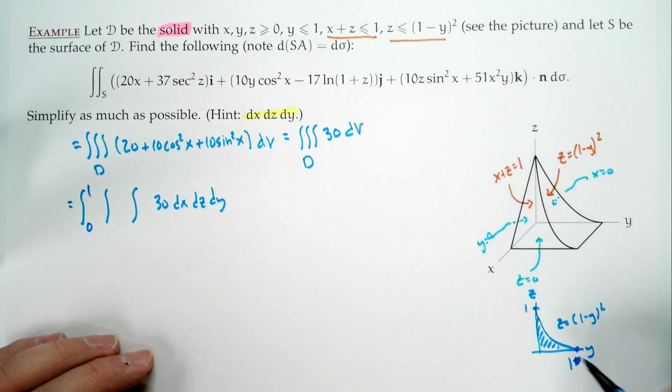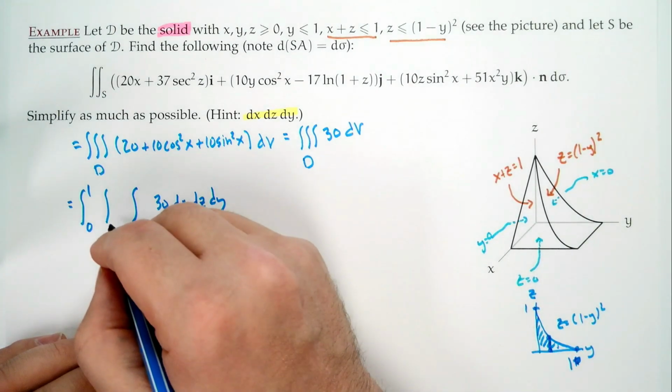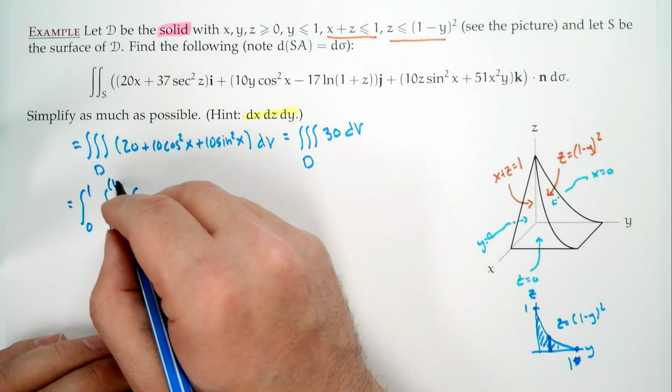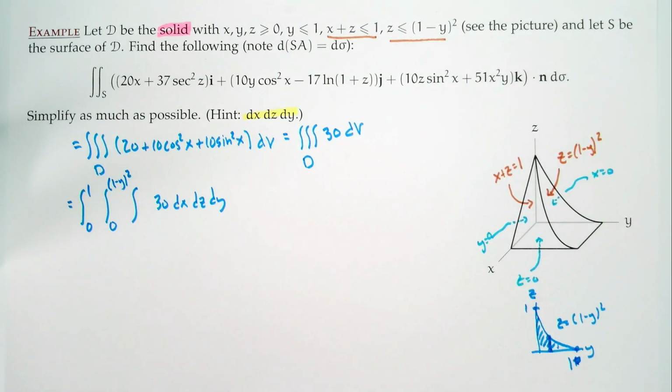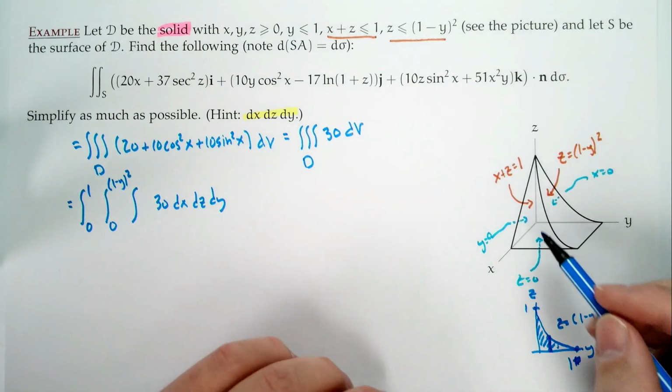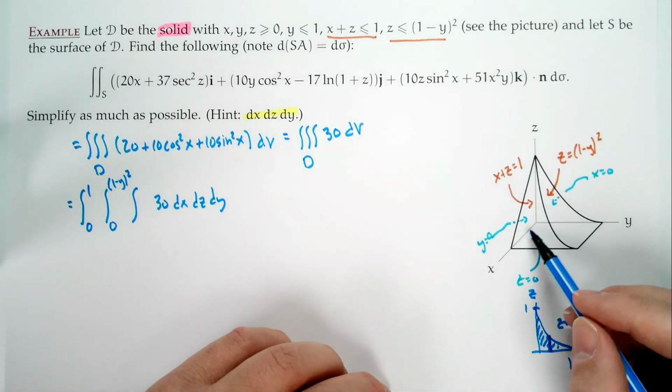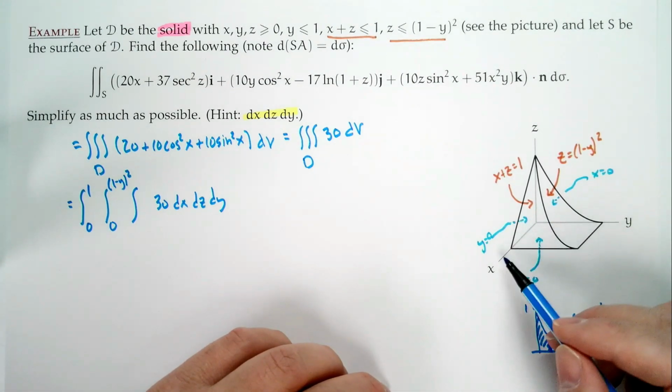Where does z go from? Well, that's going up and down. So it's going from z equals 0 to z equals 1 minus y squared. Now, where does x go from? Well, go back to your three-dimensional picture. You want to move parallel to the x-axis.